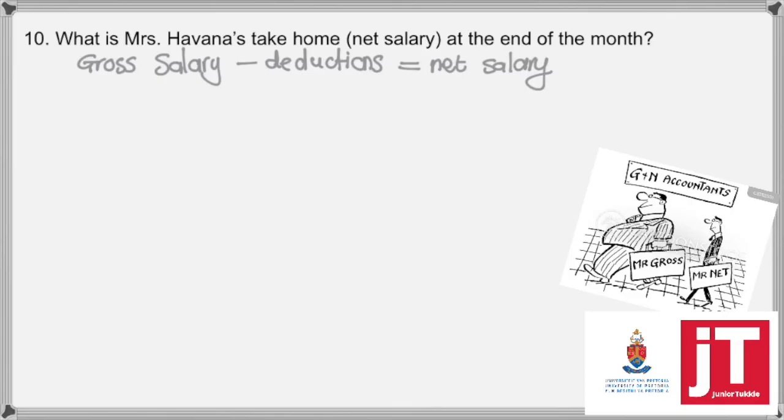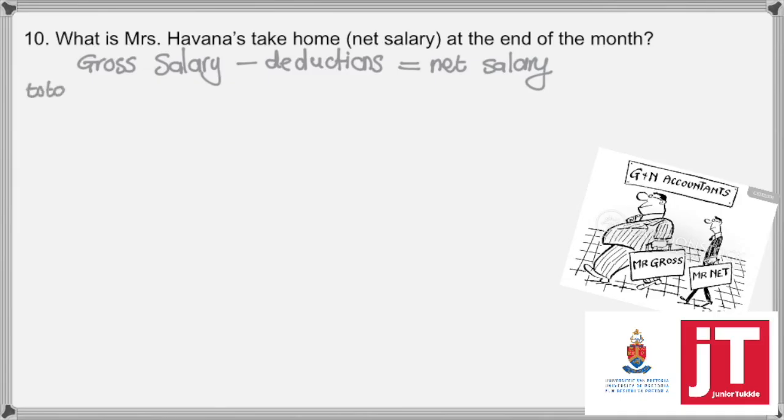Now there is what we call compulsory deductions and non-compulsory or voluntary deductions. Now, compulsory is obviously taxes, which includes your pay-as-you-earn and UIF, Unemployment Insurance Fund. And then your voluntary ones is like your pension fund and your medical aid and things like that.